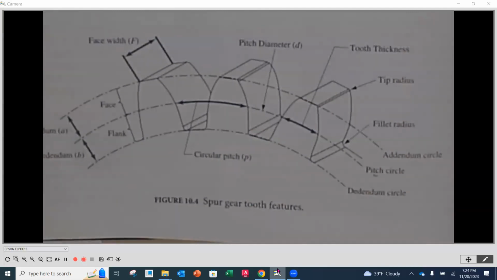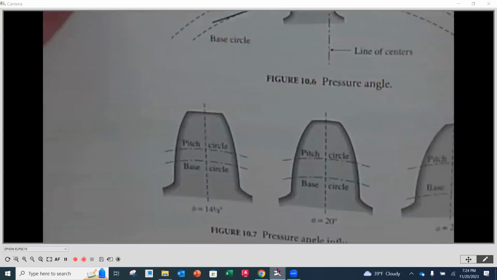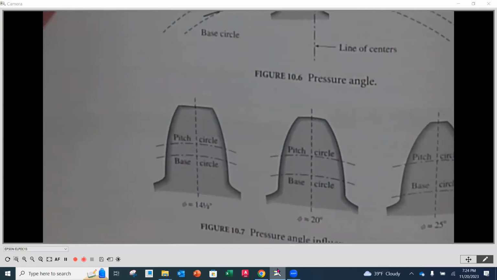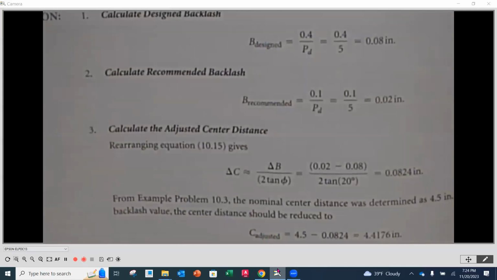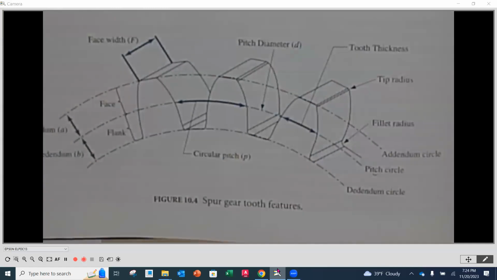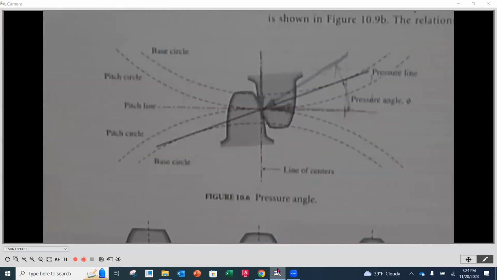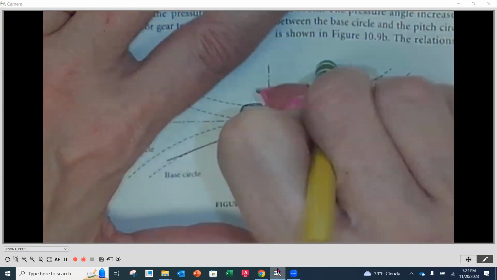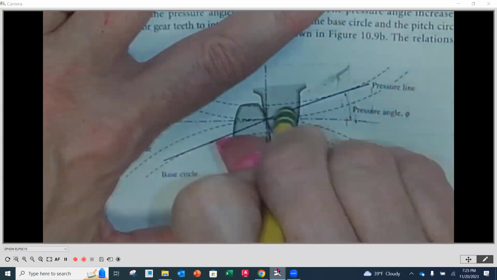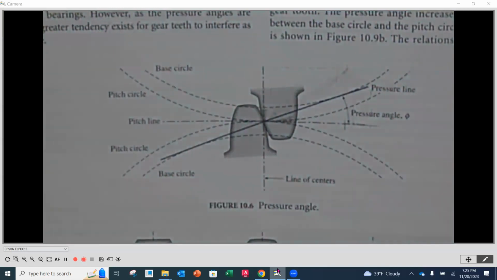So if we skip ahead a little bit, let's turn the page. On page 264, we've got two teeth that are engaged with one another.